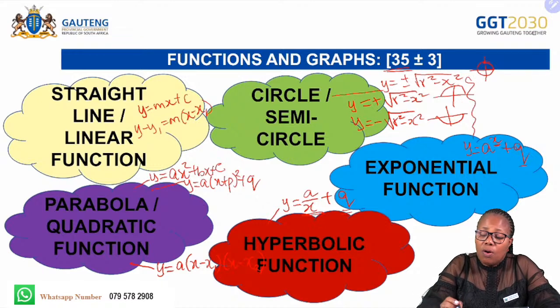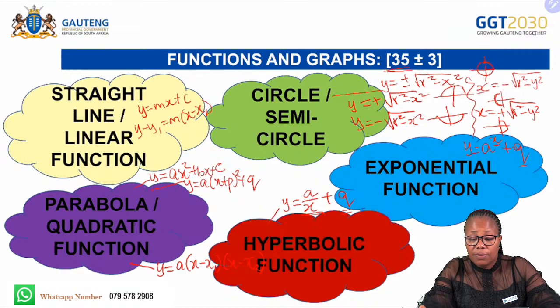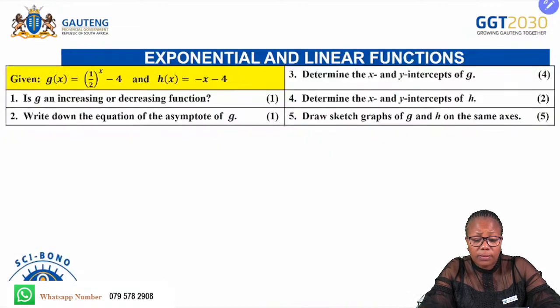Alternatively, grade 12, you can be given x = -√(r² - y²). Look at that: if it is a negative x, your graph will be on the negative x side. The same applies with x = +√(r² - y²), so we are expecting our semicircle on the positive x side.